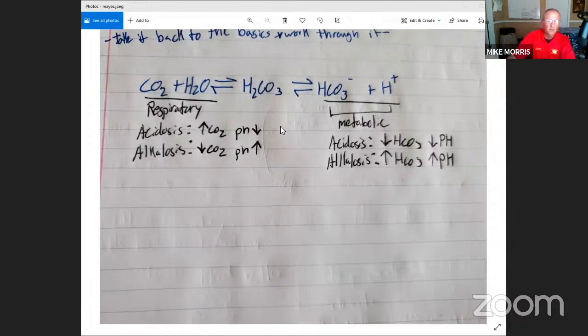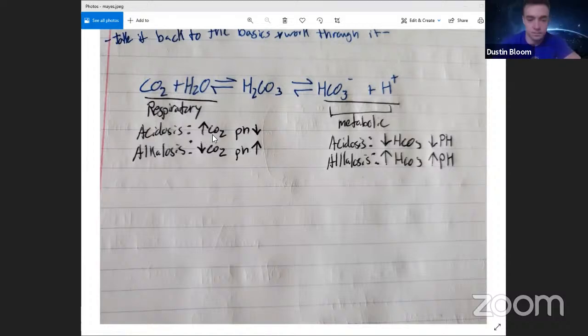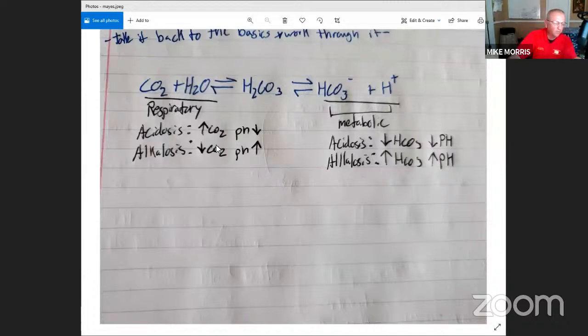So let's break it down. Anytime we have an increase in CO2, we're going to have an increase in what? If you're retaining CO2, acid. Very good. So if we're getting more acid, our pH will drop because that reflects becoming more acidic.